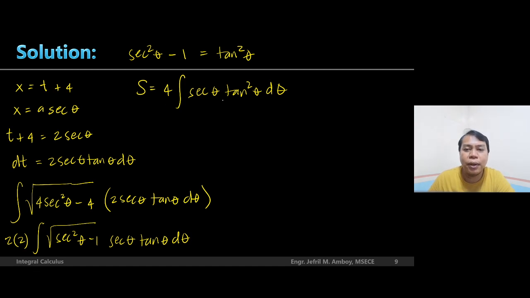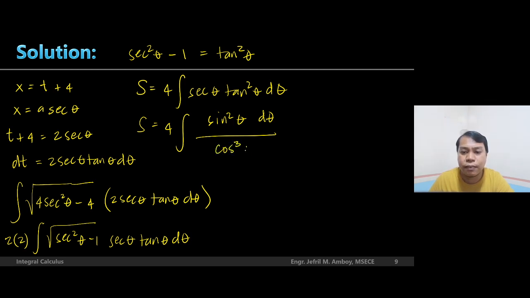Okay? Now, paano natin ito i-integrate? Pwede mo siyang gawing in terms of sine and cosine, no? S equals 4 times the integral of, so yung tangent squared, gagawin ko siyang sine squared theta and then d theta. Tapos sa baba, secant is 1 over cosine, no? Tapos sa baba kasi nito, tangent is sine over cosine, no? So may cosine squared ako dito, multiplied pa ng cosine, magiging cosine cube theta.